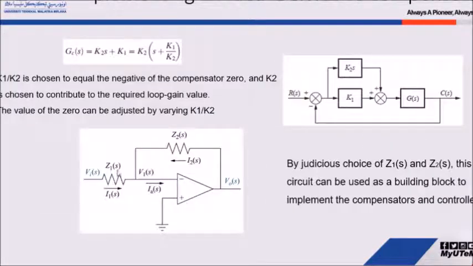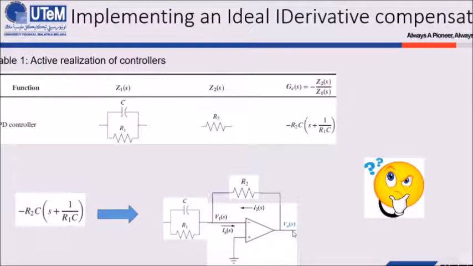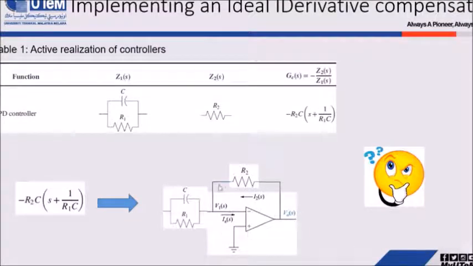By replacing Z1 and Z2, our circuit for the PD controller is like this. Based on this circuit, we can come out with this equation. As you can see in this equation, the format is the same as K times s plus ZC, where the value for ZC is equal to 1 over R1C, and the value for K is negative R2C.